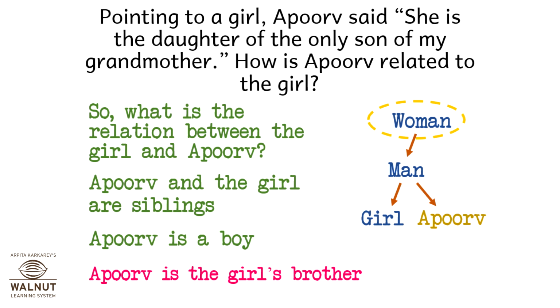We draw an arrow here. So what is the relation between the girl and Apurv? Apurv and the girl are siblings. Apurv is a boy. Apurv is the girl's brother. I hope you got that. The end.